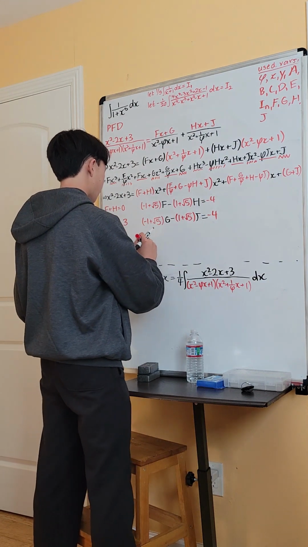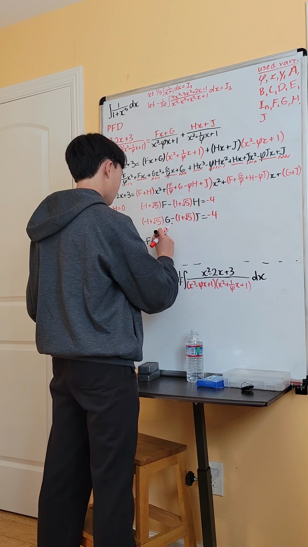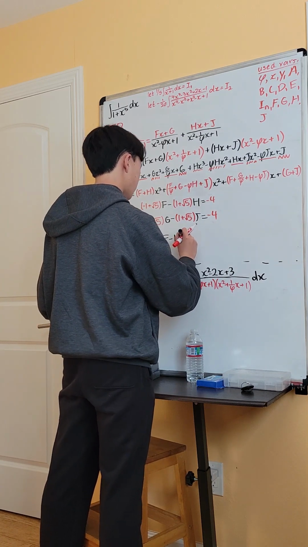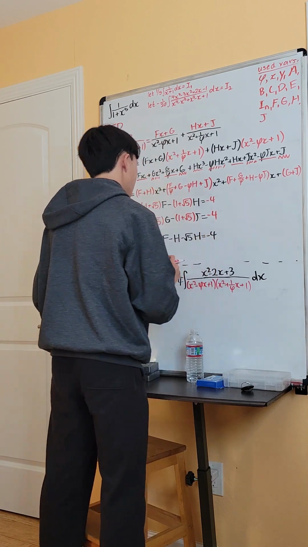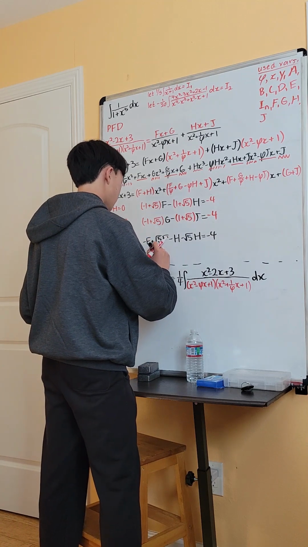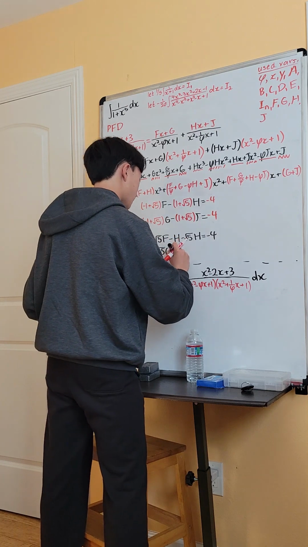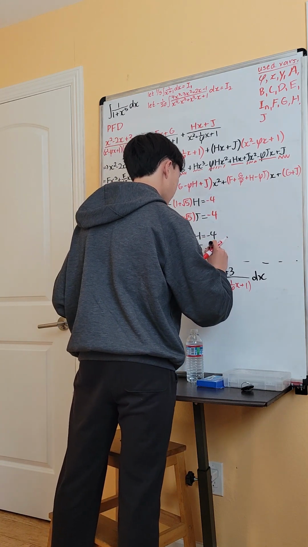Okay, so here we have negative f plus root 5 f, then minus 1 minus h minus root 5 h is equal to negative 4. Down here, we have negative g plus root 5g minus j minus root 5j is equal to negative 4.